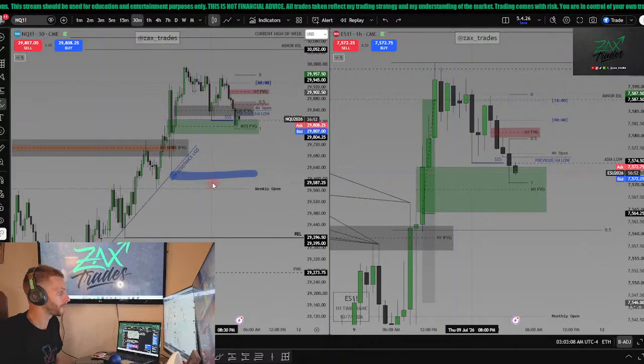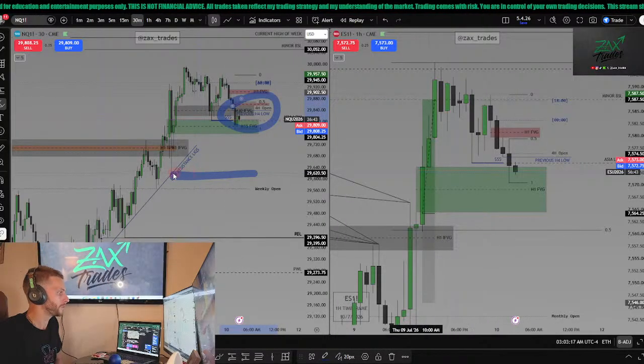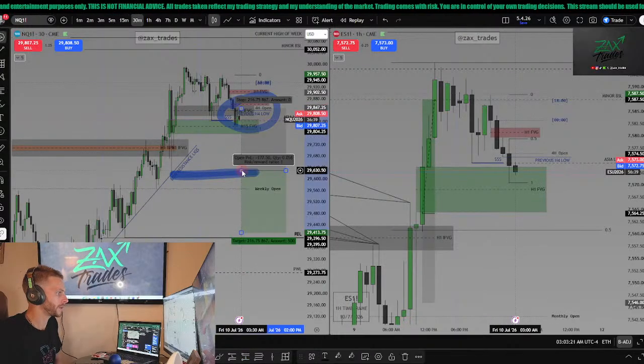But the problem with it is if you don't get in early, like up here, and you wait until the first level gets hit, and then you say, "Oh, I want to short from here."